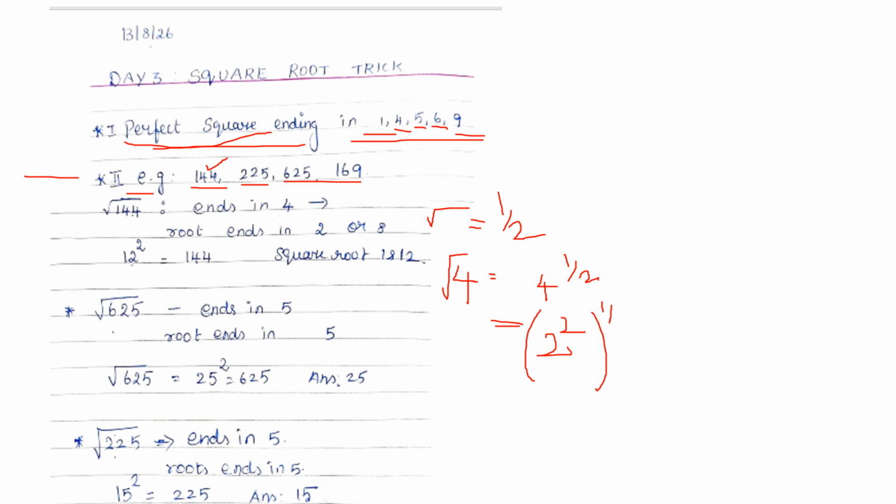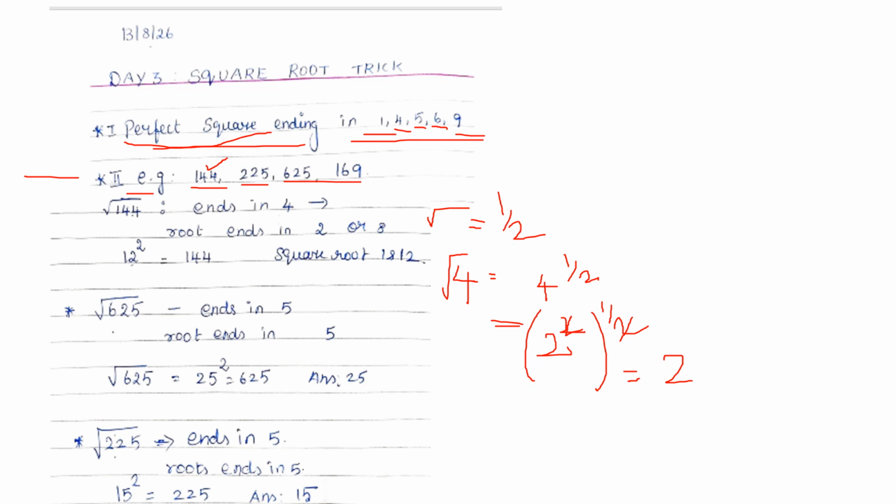Here one rule is there: a power m whole power n, so we have to cancel this 2 and this 2. So the answer is 2. This is the usual method to find the square root.